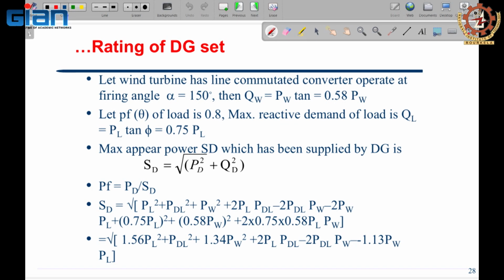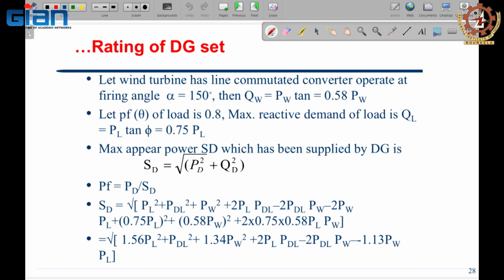Accordingly, you can determine the reactive power for the wind system. As you have this right angle triangle, the real power of the wind is known, then Q is equal to P tan phi, and you can decide the reactive power of the wind turbine.